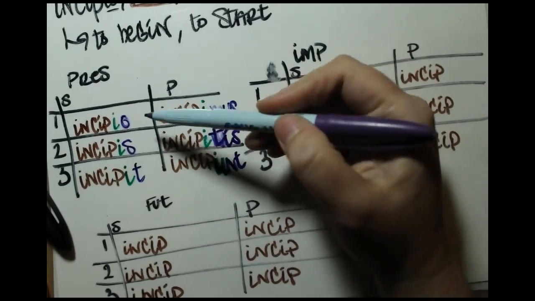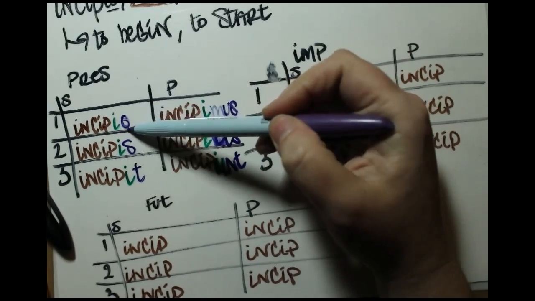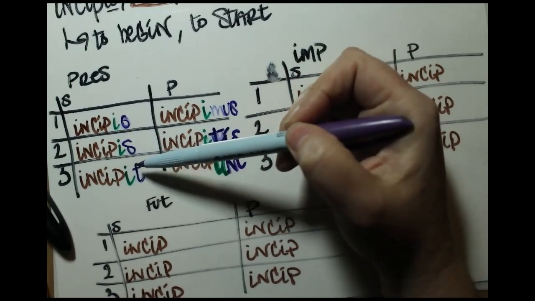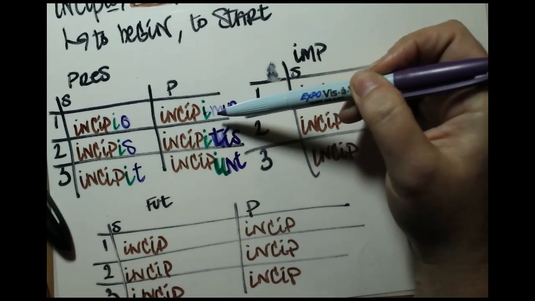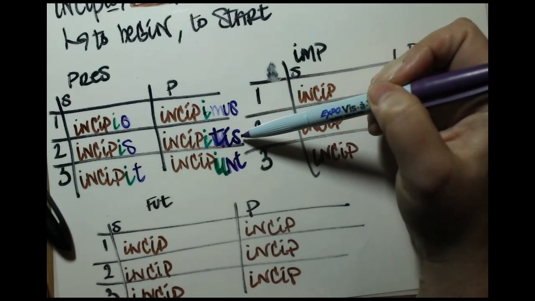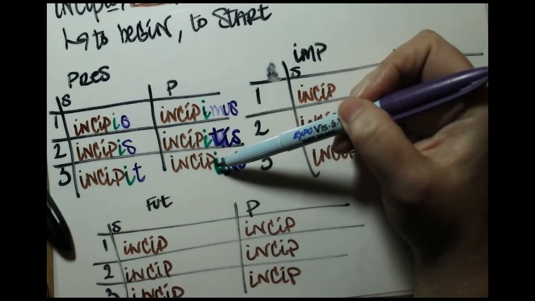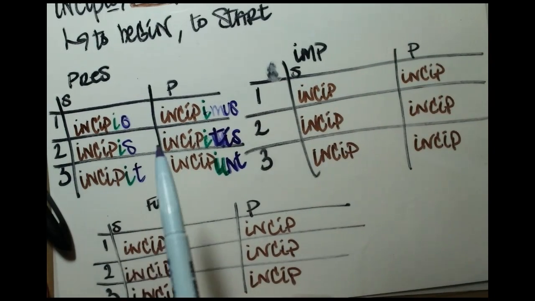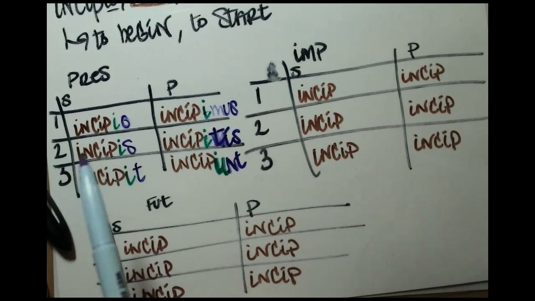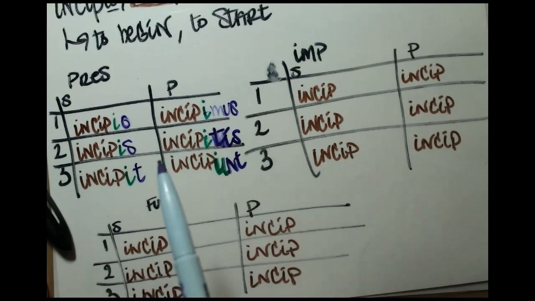So IO in the first person singular, IS in the second person singular, IT in the third person singular, IMUS in the first person plural, ITIS in the second person plural, UNT in the third person plural.